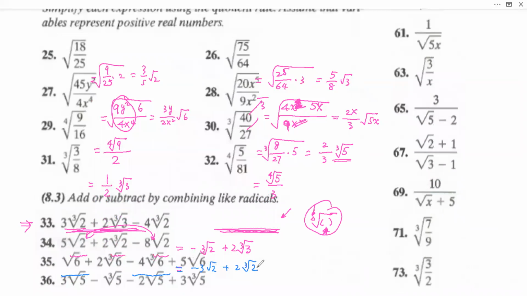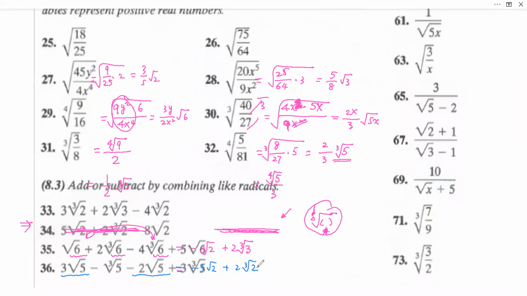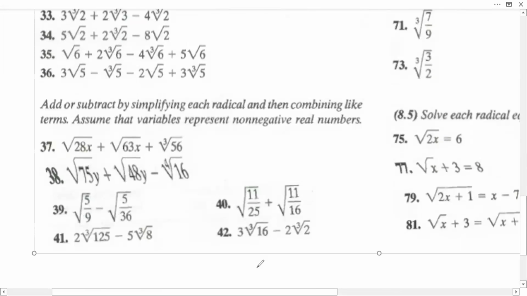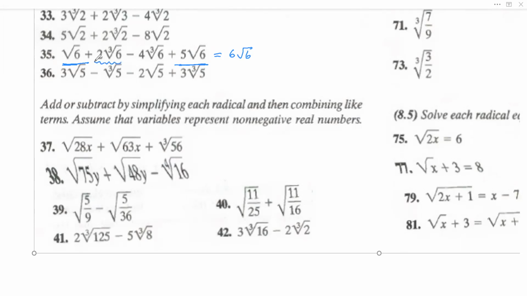Two more here, number 35. These two are like radicals, so you get 6 square root 6. This is a cubic root, with 2 and negative 4, so you get negative 2 cubic root 6.